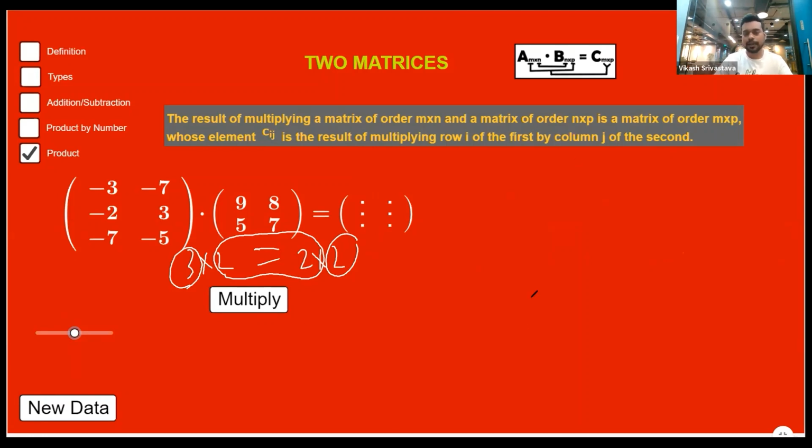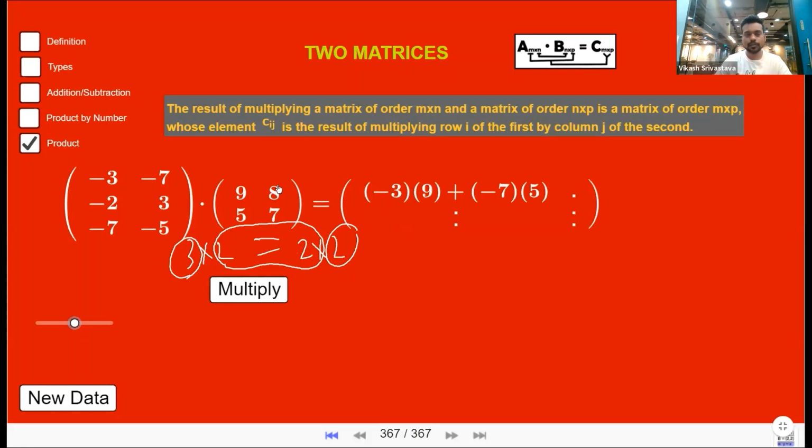So let's multiply the matrices. Minus 3 will be multiplied by 9, and then plus minus 7 into 5.